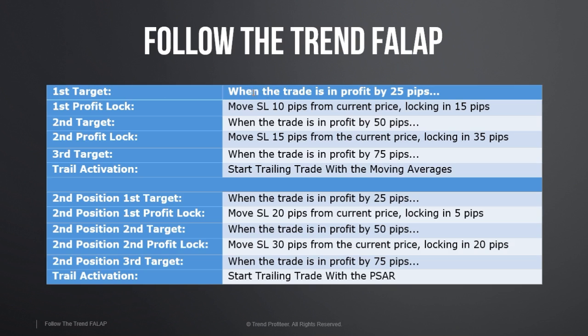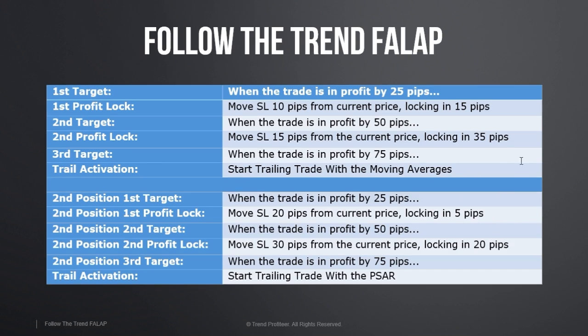So for example, on the first target, when the trade is in profit by 25 pips, your first profit lock is move stop loss 10 pips from the current price, locking in 15 pips. Okay, that's your first position. And on your second position, when the same trade is in profit by the same 25 pips, in this case, move the stop loss 20 pips from the current price, locking in 5 pips.